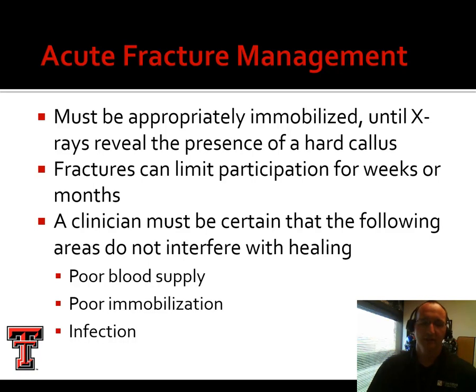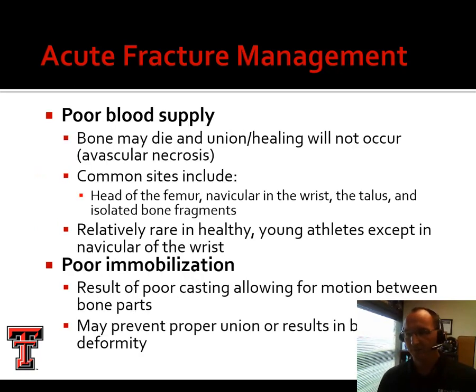However, the clinician has to be certain that we don't have poor blood supply, poor immobilization, or an infection. Especially in the case of an open fracture, that risk of infection goes up. And we know that a broken bone can limit participation for up to several months.